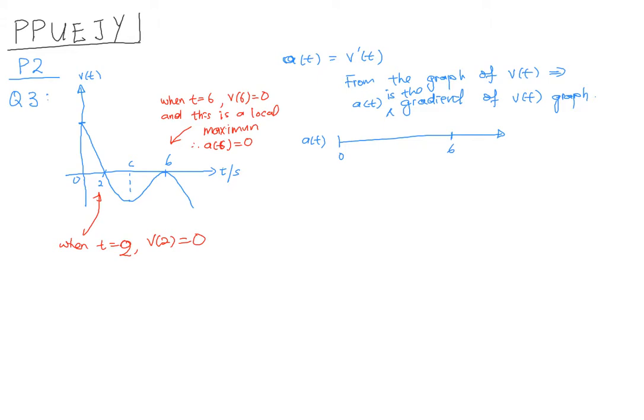Okay, good. Now, Christopher, can you please tell me when is acceleration equal to 0 again, based on this VT graph? Yeah, 6. Yes, another one. There's one more. Yeah, there is C. You're right.